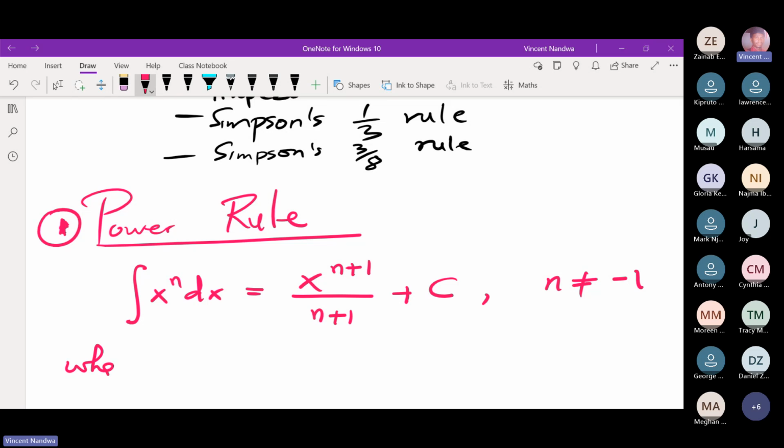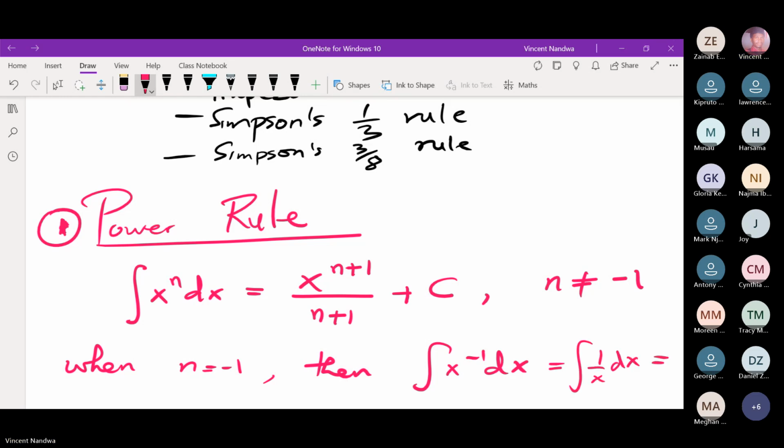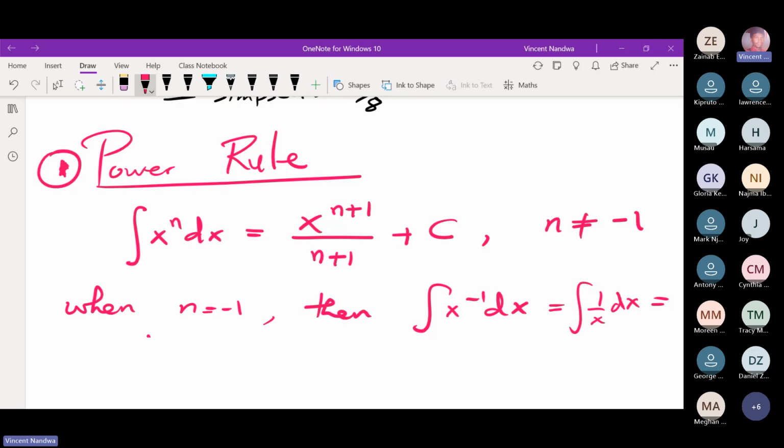When n is minus 1, the integral of x power minus 1 dx, which is the same as the integral of 1 over x dx, becomes ln of x plus c.